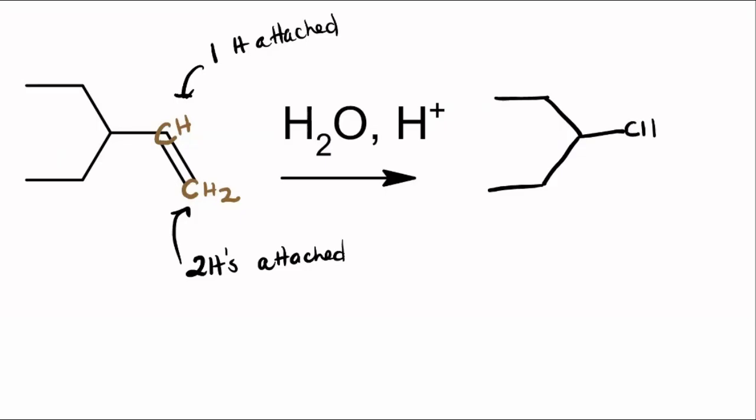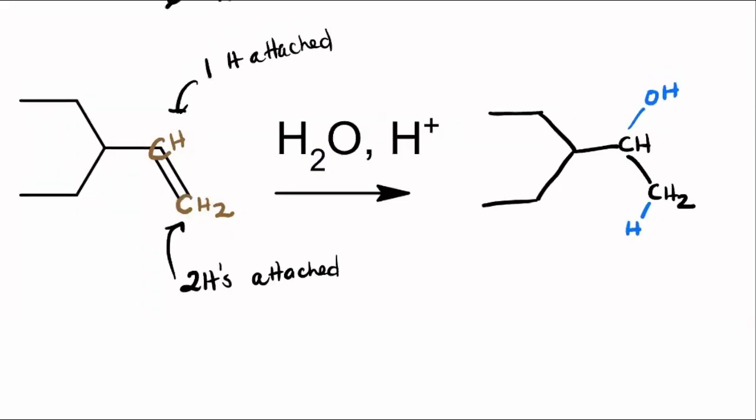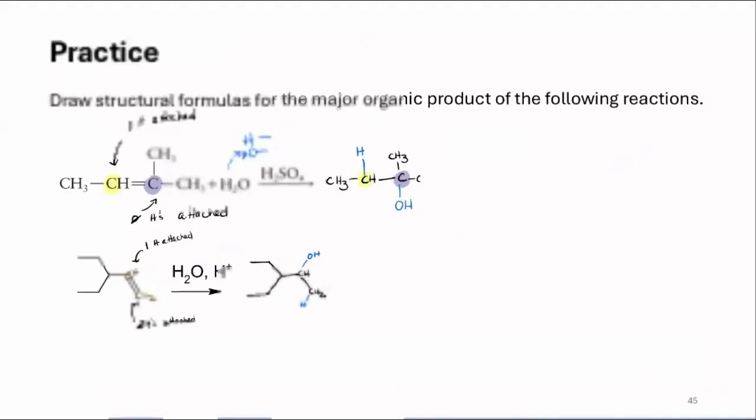So this is a CH, single bonded to a CH2. And then the carbon that used to have the most H's gets the incoming H. The carbon that had the least H's gets the incoming OH. And that's how you predict the product in hydration reactions.